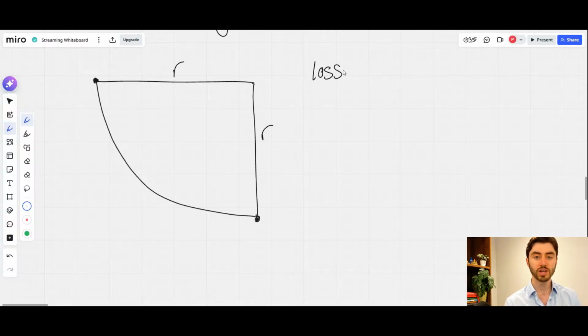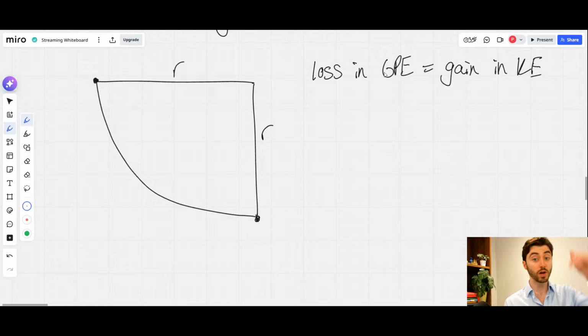So the loss in GPE is going to equal the gain in kinetic. So the loss in GPE, mgr, will equal half mv squared. And this will allow us to work out that v squared is 2gr.